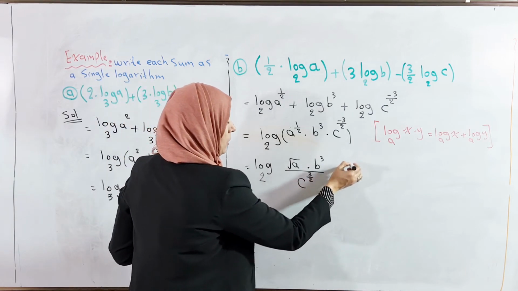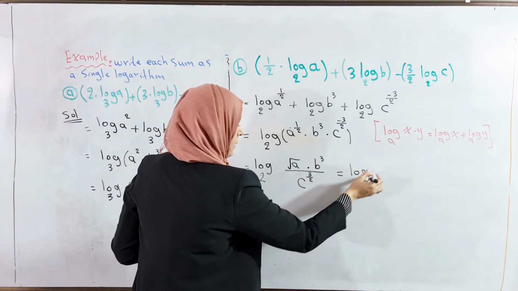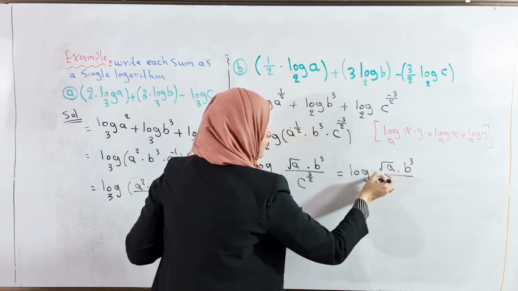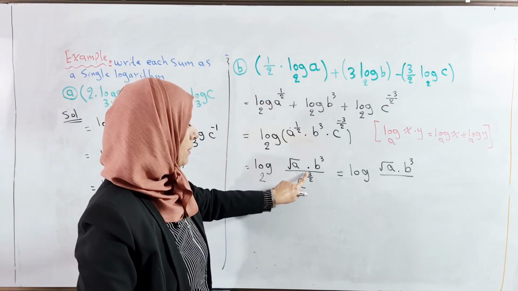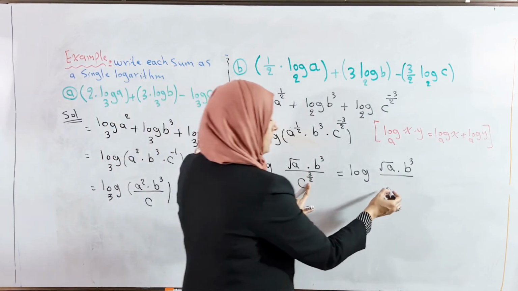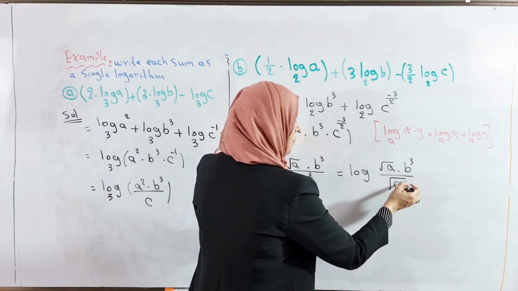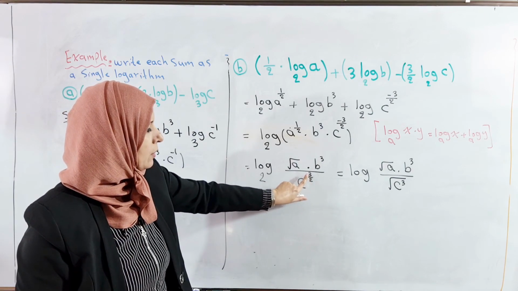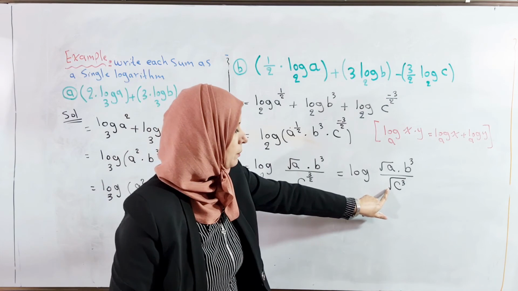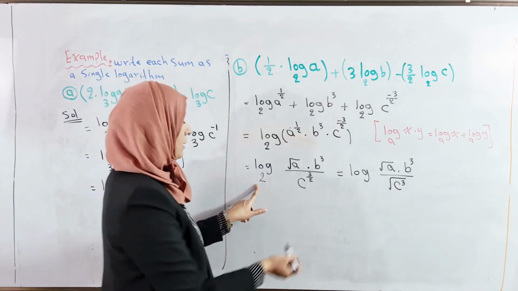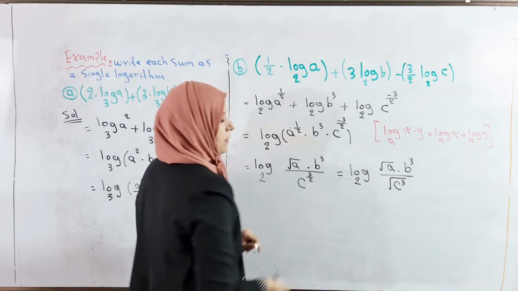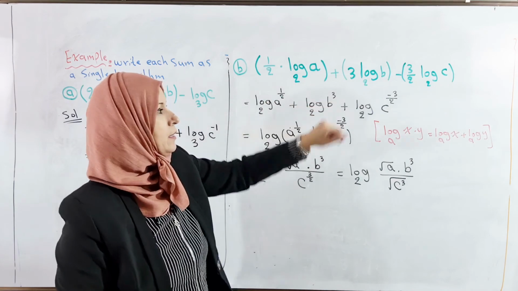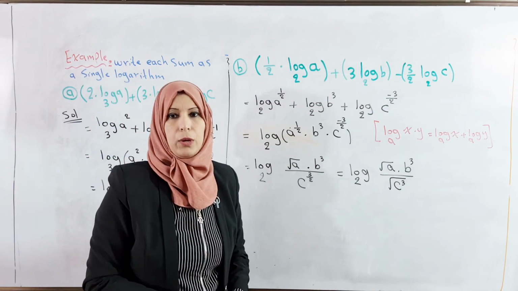That's mean will be logarithm square root a multiplied by b power 3 and we can write c power 3 on 2 by square root c power 3. هذا حيكون عندي أس الجذر وهذا أس داخل الجذر. That's mean will be square root c power 3 and it's for base 2. كتبناه بصيغة لوغاريتم واحد. كان عندي مجموع عدد من اللوغاريتمات قدرنا نكتبه بصيغة لوغاريتم واحد.